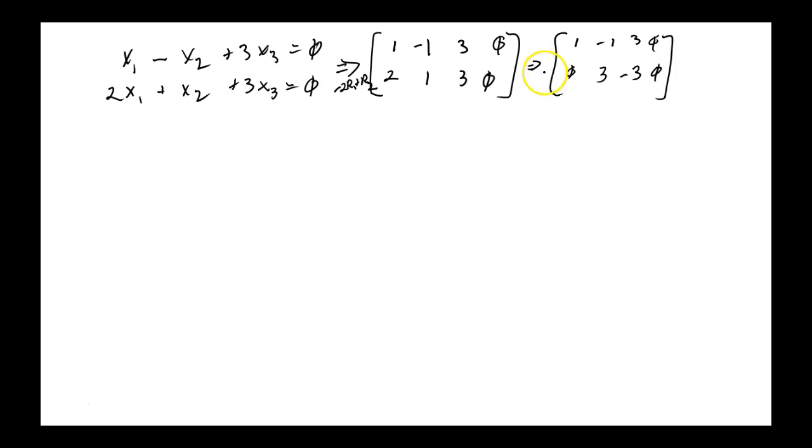Divide the second row by 1/3. No, multiply by 1/3 or divide by 3. Either one. I like to do row 2 divided by 3, or times 1/3. Same thing. So I'll write it down here. The top row is 1, minus 1, 3, 0. Second row will be 0, 1, negative 1, 0.